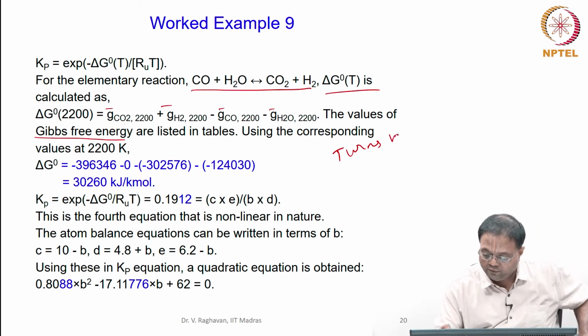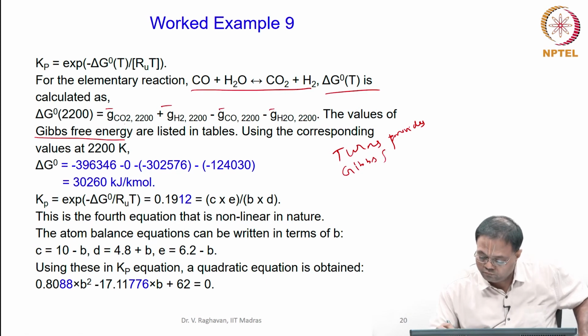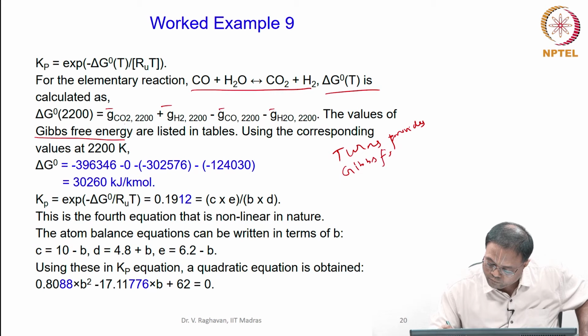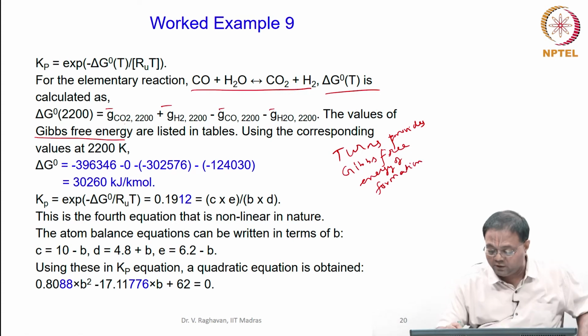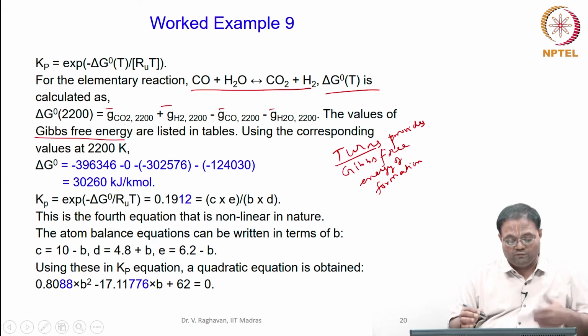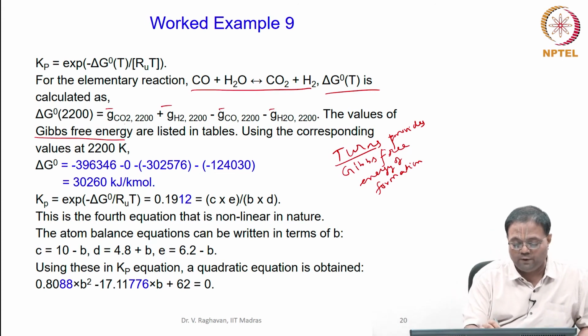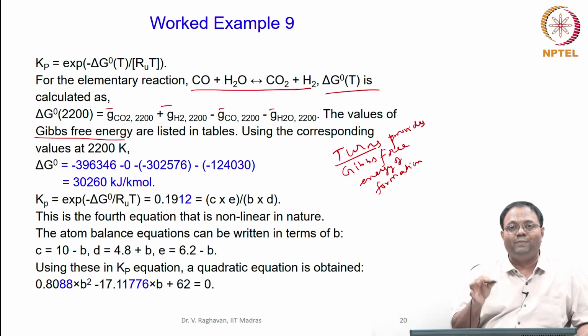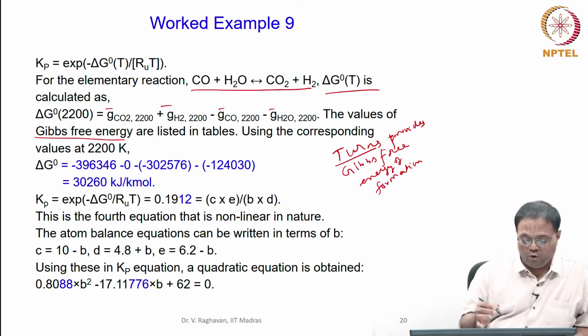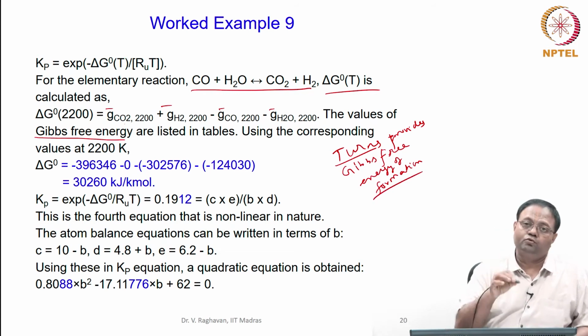Turns' book provides Gibbs free energy of formation, in which, similar to the enthalpy of formation, where we set the values of enthalpy of formation of basic elements as 0, similarly the Gibbs free energy of formation is also set to 0.